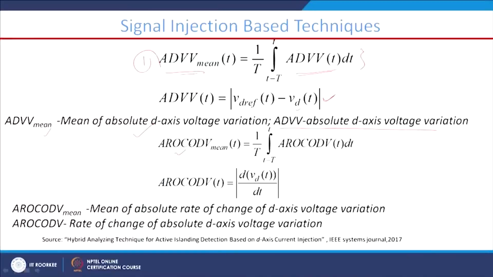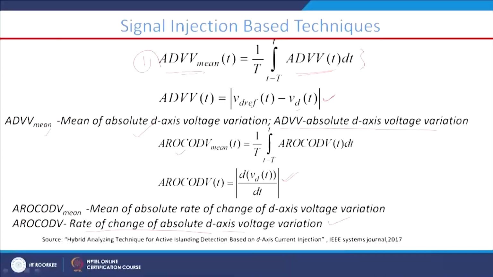And another index, another parameter, we are calculating directly from the VD voltage, the d axis voltage, that is AROCODV, which stands for rate of change of absolute d axis voltage variation. We will take dv(t) by dt. If you see this equation, what is that?